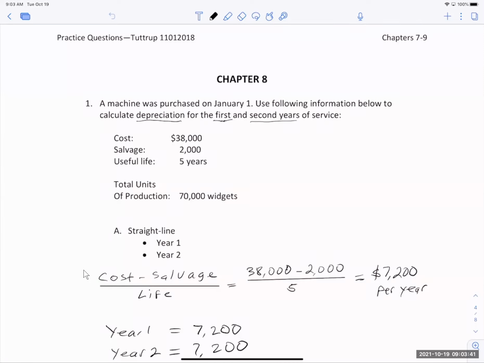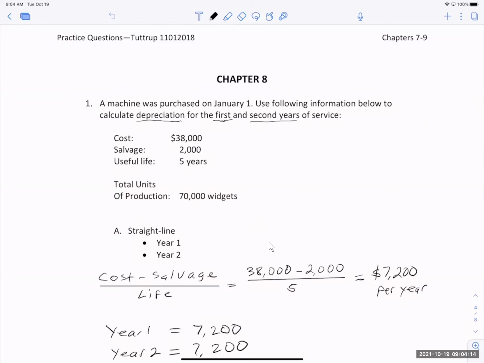I go to the next chapter, I forgot what the previous chapter was. But you know that under the straight line method, the rules of the game is this formula: cost minus salvage divided by life. So we're going to be calculating depreciation on this machine for the first and second year. We'll start out with the formula: cost minus salvage divided by life.